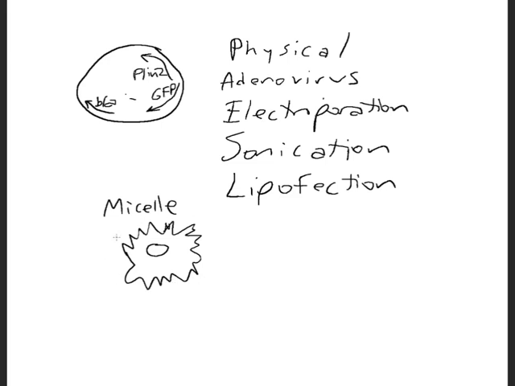So this is like a cell membrane micelle. It's got the hydrophobic region and the hydrophilic region. And when you incubate your DNA with this lipofectamine reagent, we usually use what we call TurboFectin, they'll actually form these small lipid spheres around the DNA.